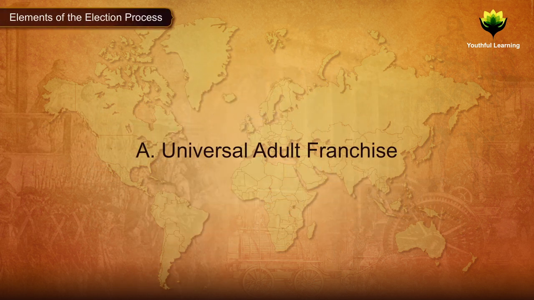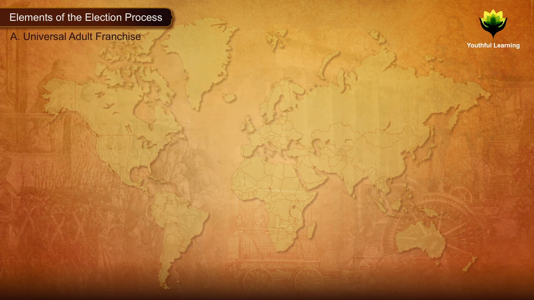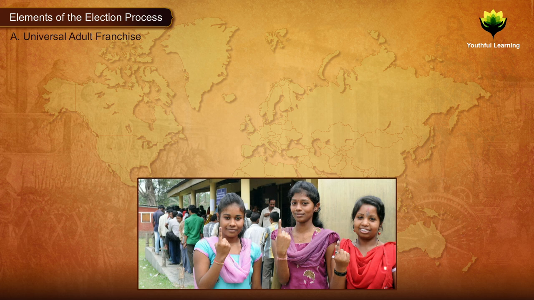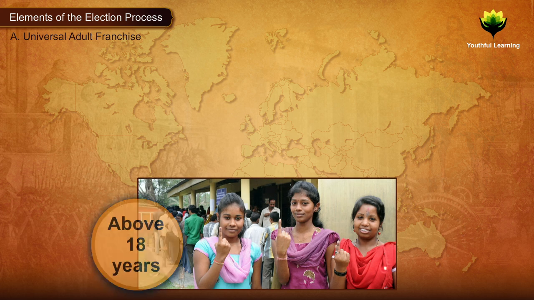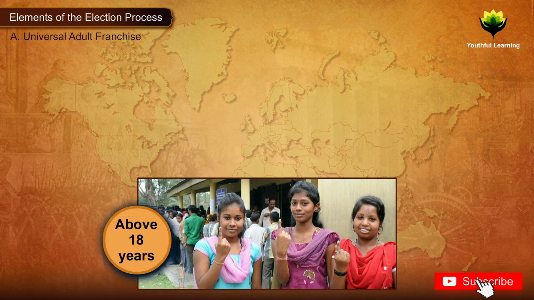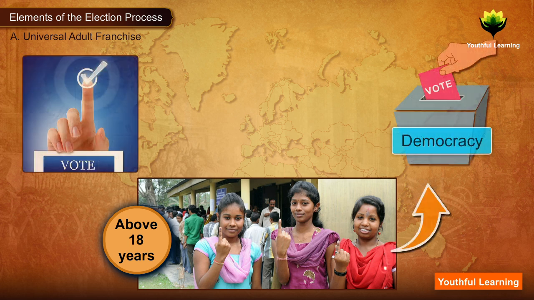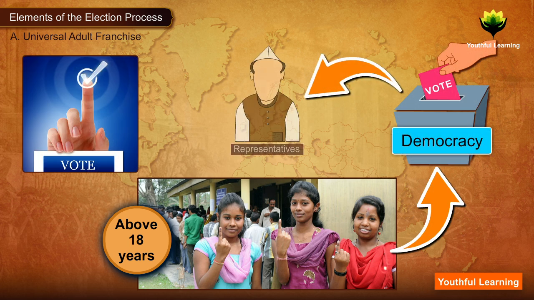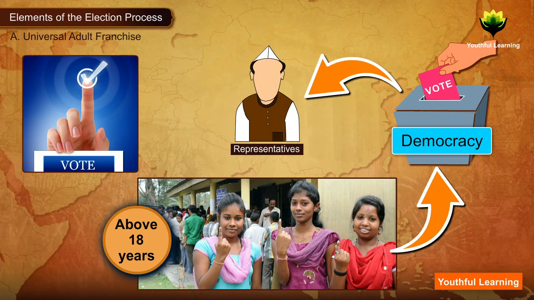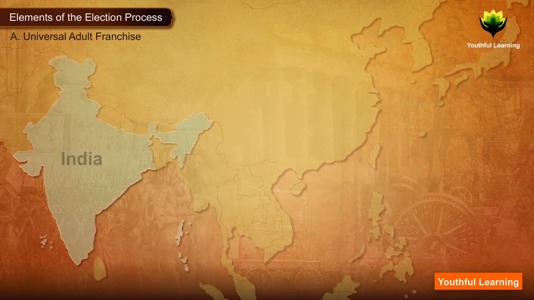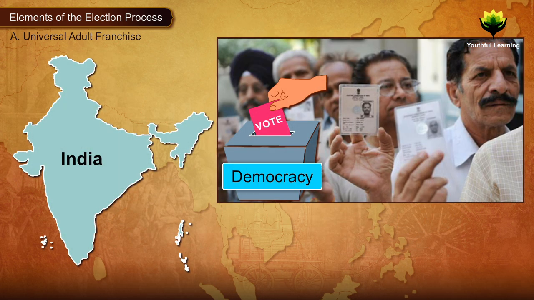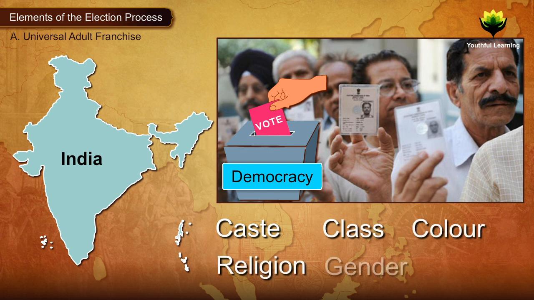A. Universal adult franchise. Universal adult franchise means that all adults, that is, people above 18 years of age, have the right to vote and elect their representatives. Every citizen of India can vote irrespective of his caste, class, color, religion and gender.